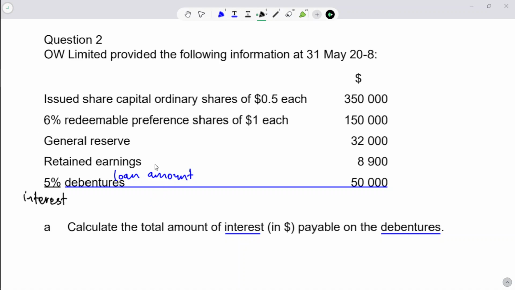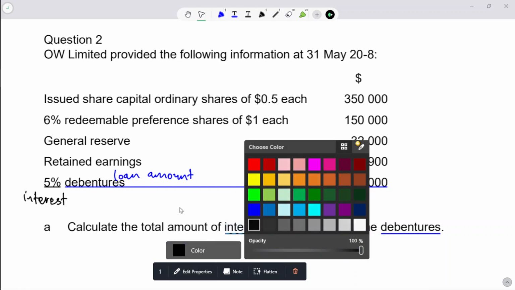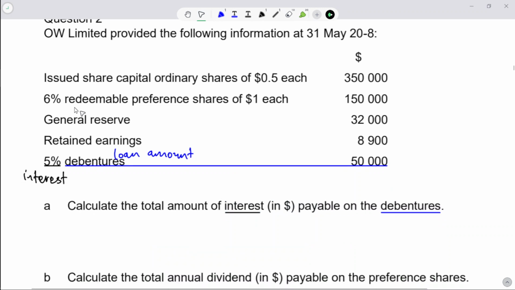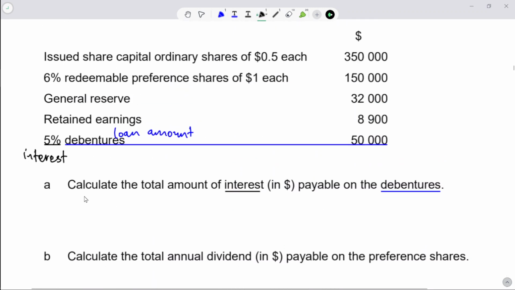To find the interest, it will be 5% times this amount, so you get 2,500, which is correct.